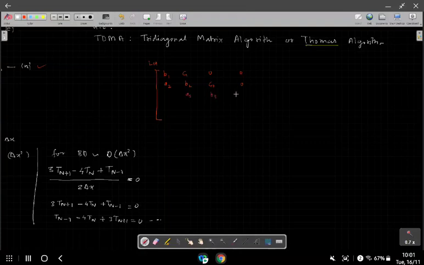A3, B3, C3. Likewise, you can go up to An minus 1, Bn minus 1, and Cn minus 1, and you can go up to An and Bn. Okay. So you see some tridiagonal format in this way.